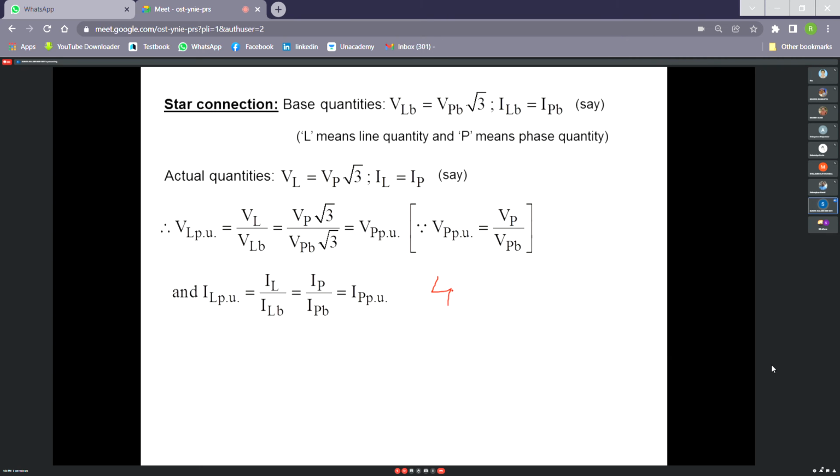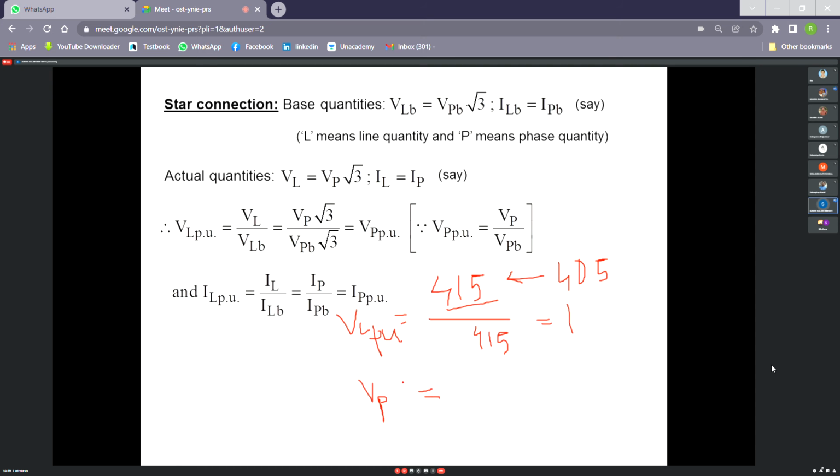If 415 is the line value in your household, then if you calculate VL per unit, it will be 415 by 415, right? So it will be 1. I am assuming that the rated value is available for our calculation. This 415 may be the available voltage, maybe 405 also.